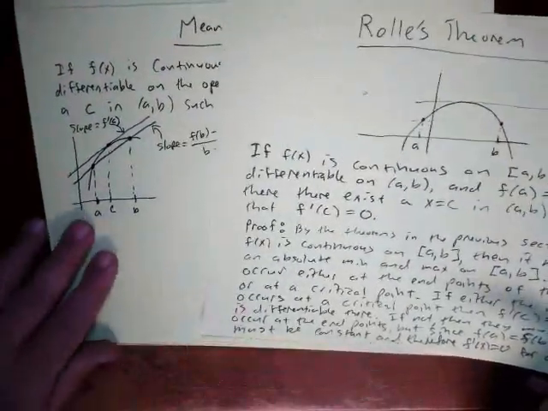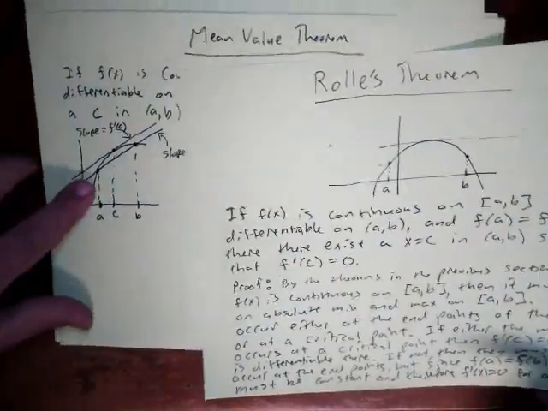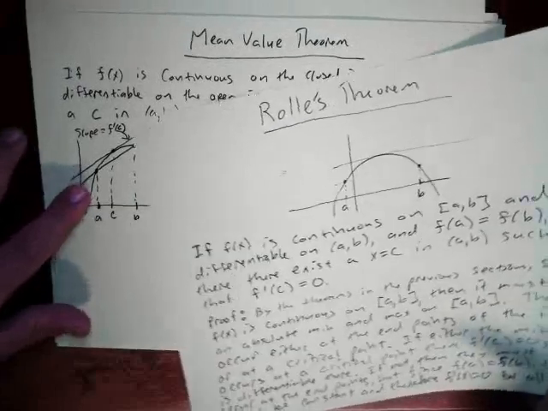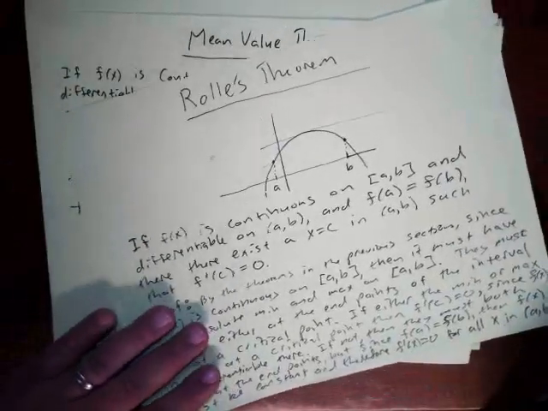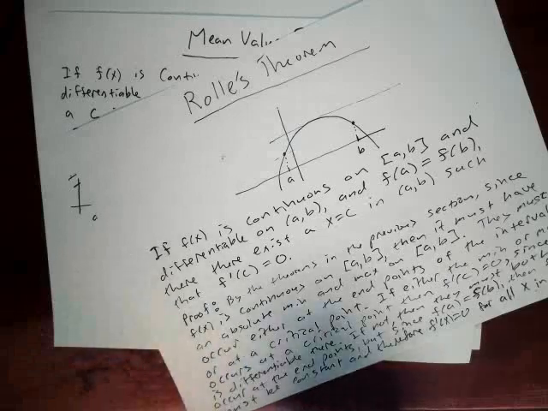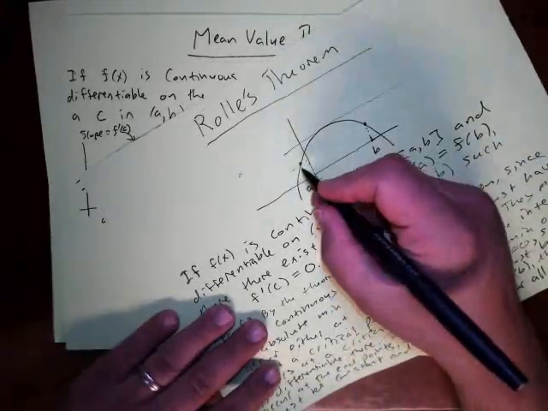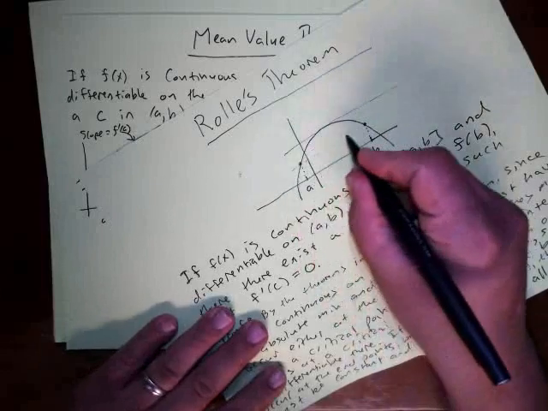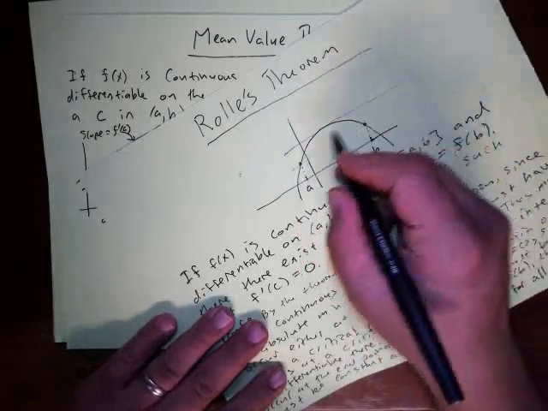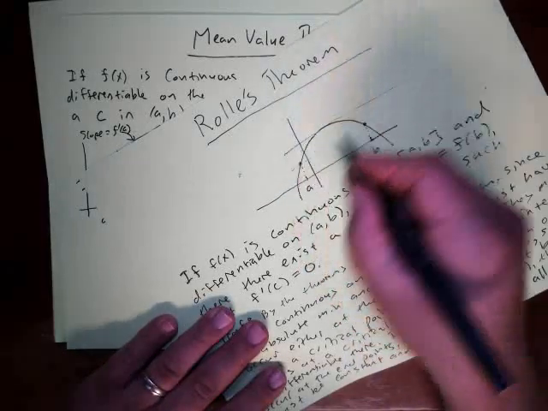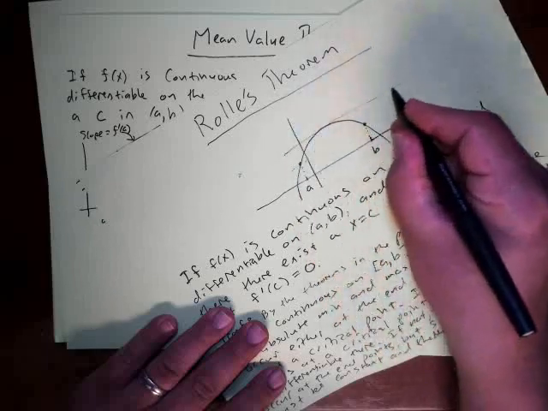So one way to think of this, let me do it with Rolle's theorem here. The mean value theorem is a slanted version of Rolle's theorem. If this thing were slanted, you had your function, this would be the secant line, and then this would be the line that's parallel to this secant line.